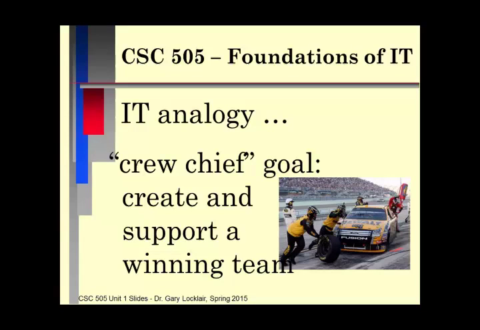How in the world are we going to get that car and that driver across the finish line first? That's our job in IT also. Of course, we're not doing it for cars and drivers, but we're doing it for companies and colleagues. Our goal as an IT professional is to help our company win, and we'll do that by providing the tools that are necessary to have a competitive advantage.